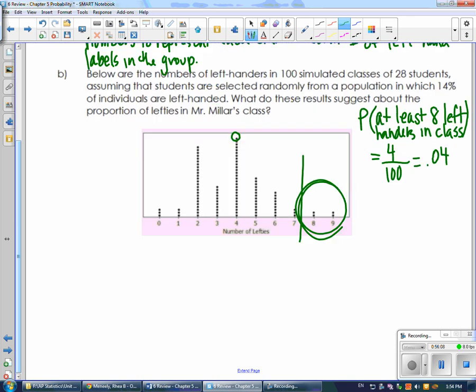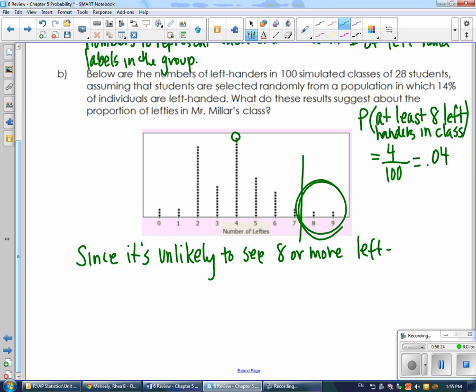So I'm going to go ahead and write this out so you have it. So it's unlikely to see 8 or more left-handed students in a class of 28, and remember, we can say it's only 4% of the time.